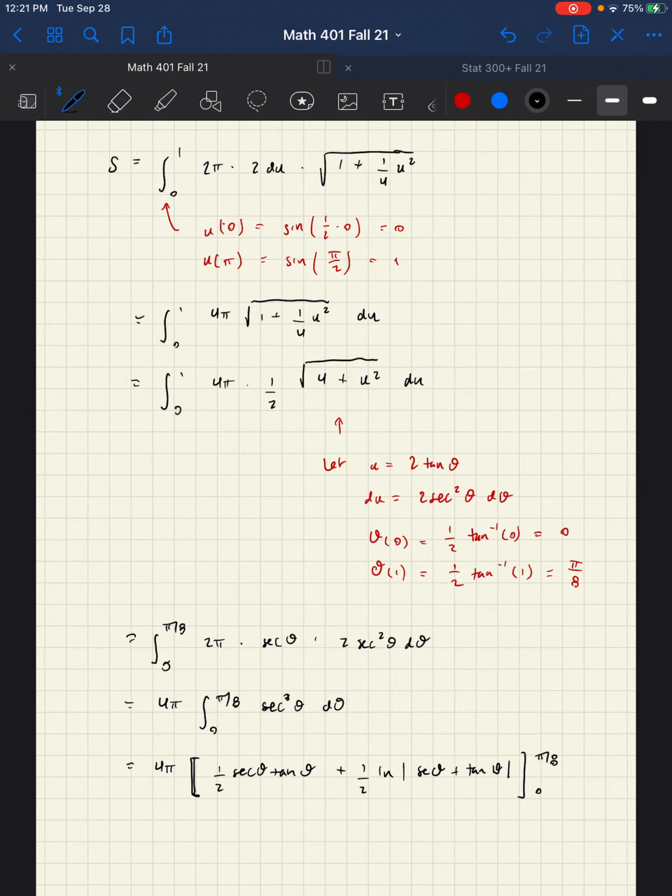And this is nasty because of all the different operations we're going to have to perform. Oh, I'm sorry, I messed up here when I transformed the limits. Wrong inverse operation. It is tan inverse of 0 over 2, still 0, and tan inverse of 1 over 2.